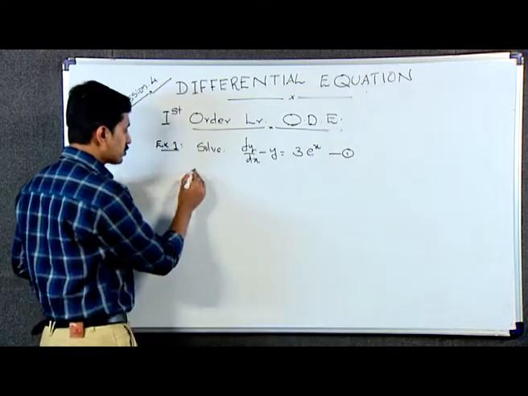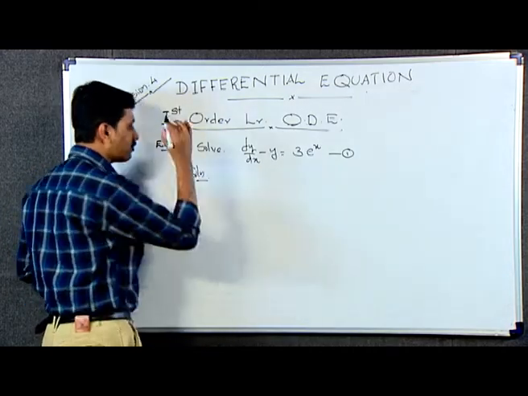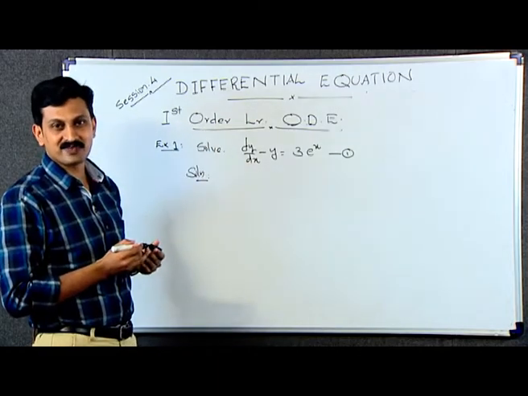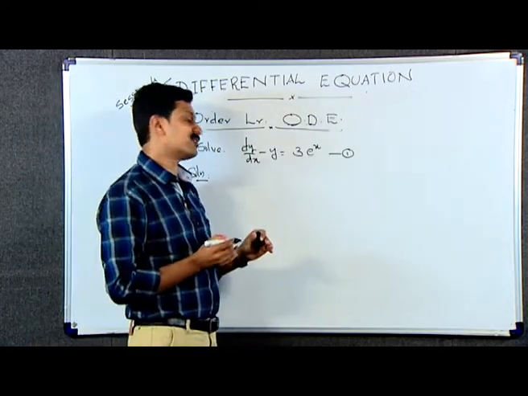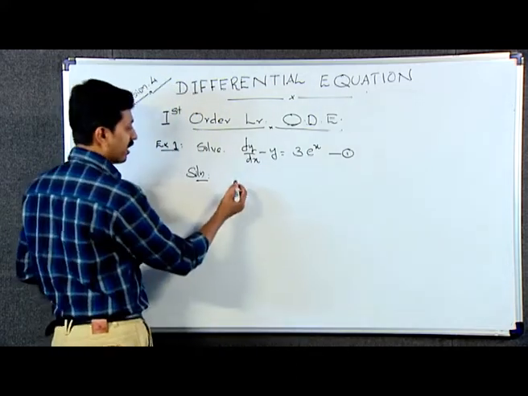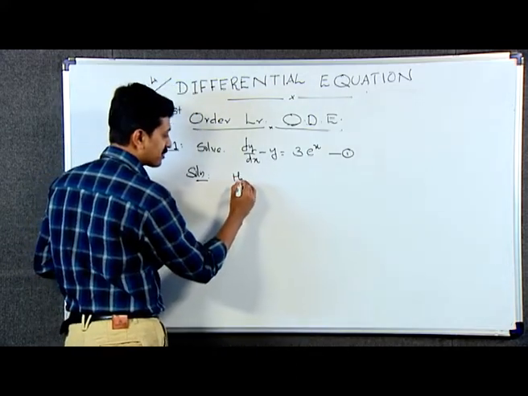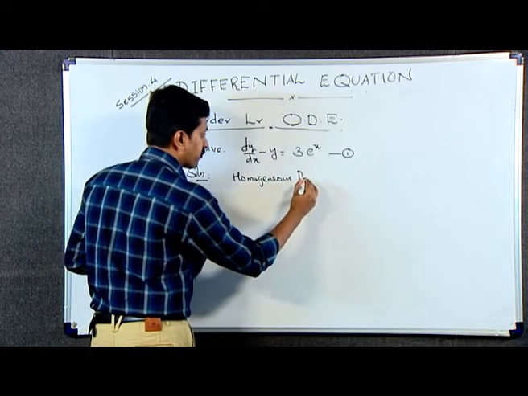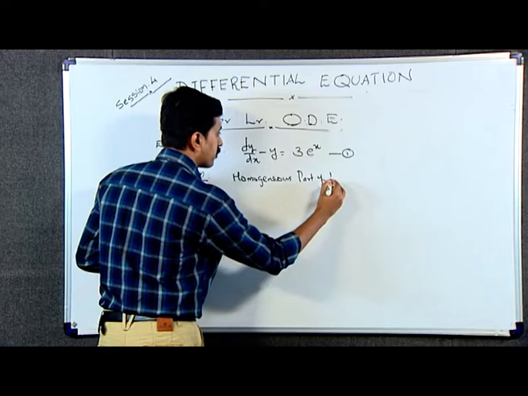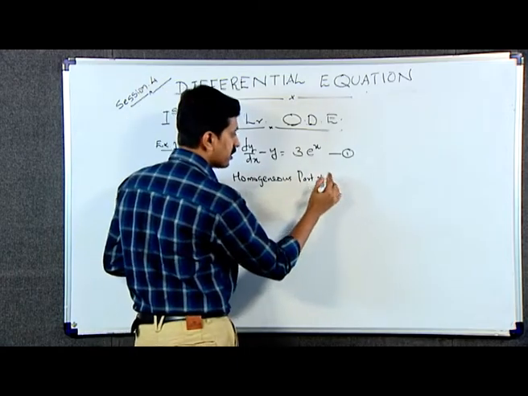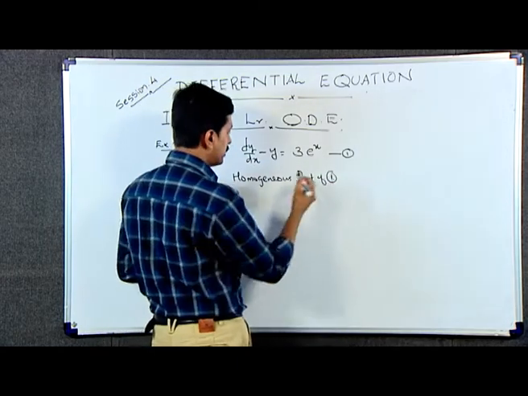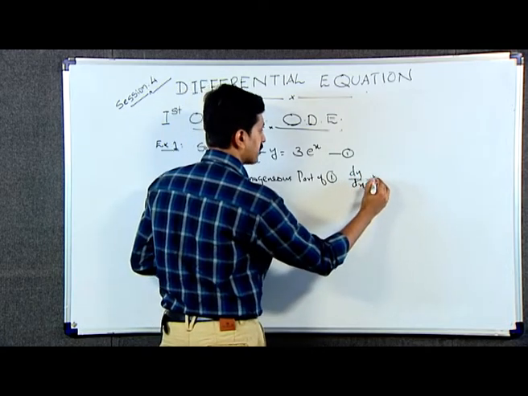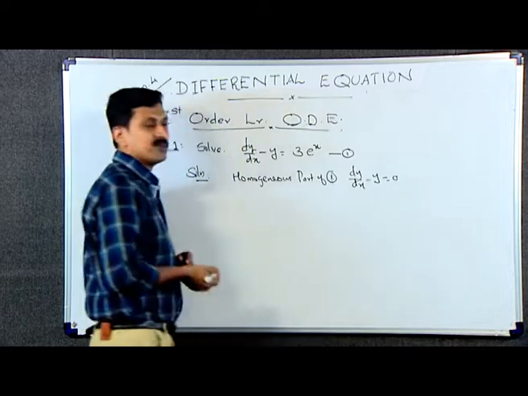We have to solve this differential equation by using the method of variation of parameters. How can we solve it? By using the method of variation of parameters. We have the homogeneous part of equation 1, that is, dy by dx minus y is equal to 0.